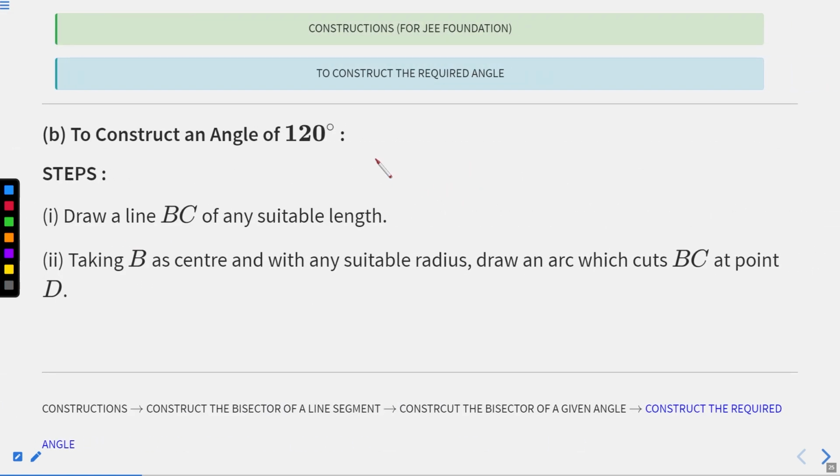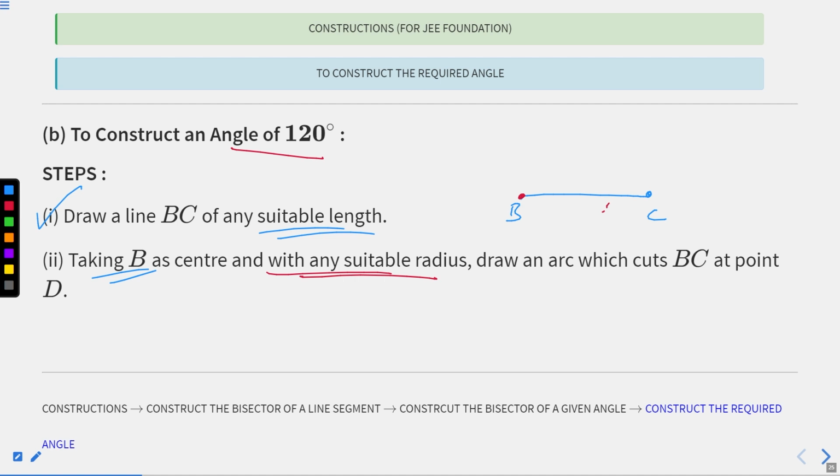Now to construct an angle of 120-degree, it is easy. Just do the previous steps. First draw BC of any suitable length, taking B as center with any suitable radius.